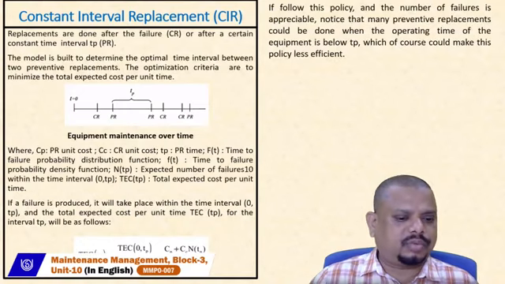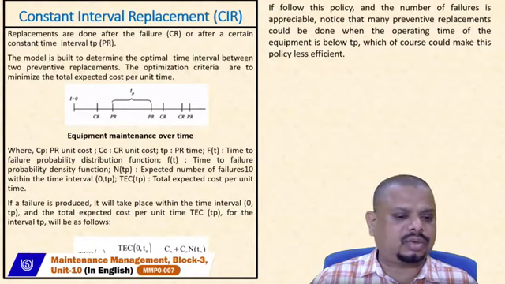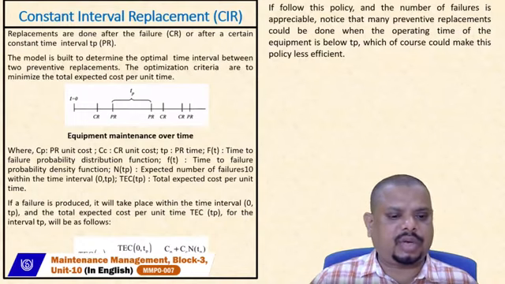If you go for the mathematical formulation for the total expected cost per unit time, which is TEC(TP), it equals the TEC from 0 to TP divided by the length of the constant time interval, 0 to TP, that equals (CP plus CC into N of TP) whole divided by TP.